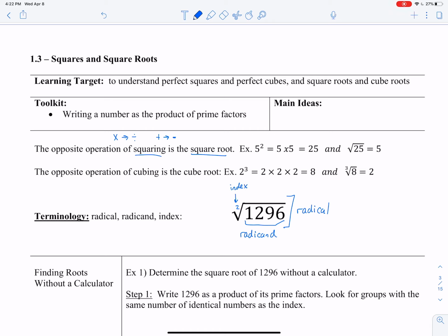So if you have an empty index, it means square root, root 2. Otherwise, it would be a number in this space. It could be 3, 4, 5, 6, 7, whatever, any number.